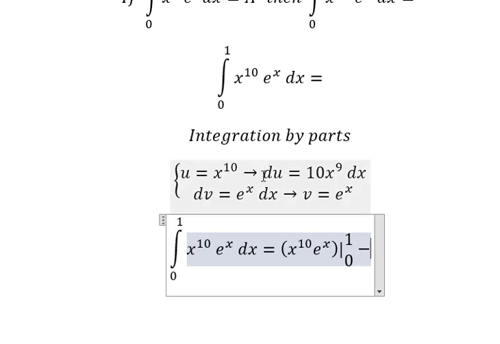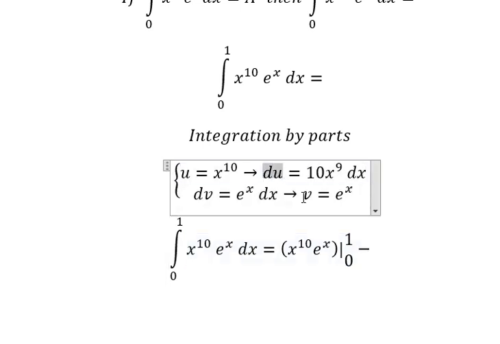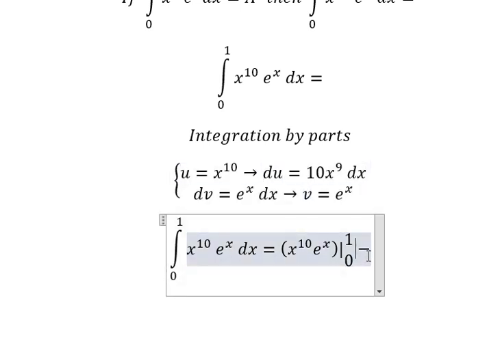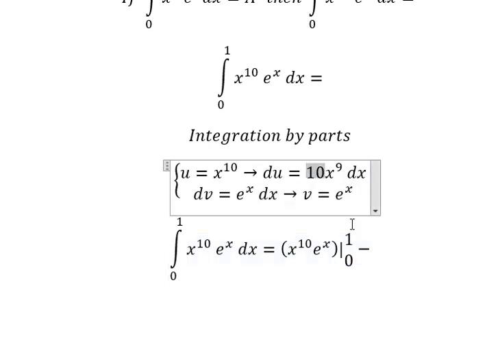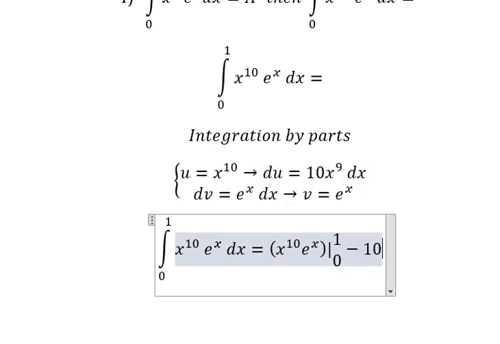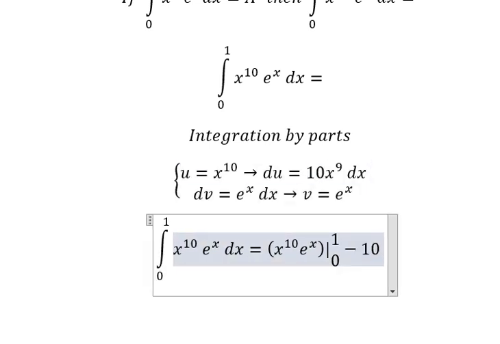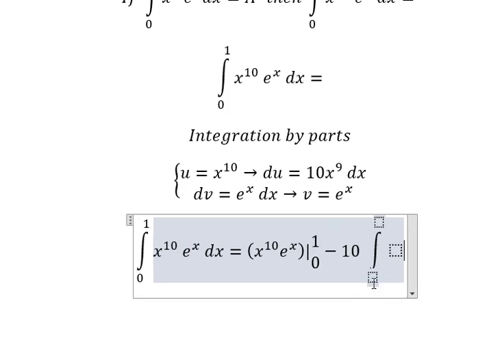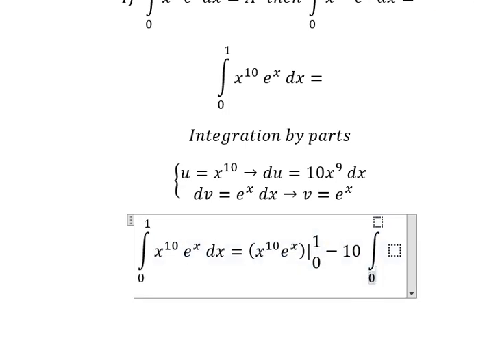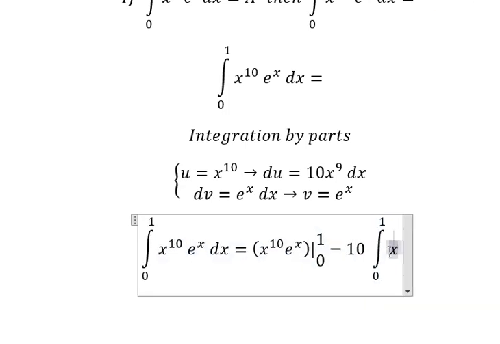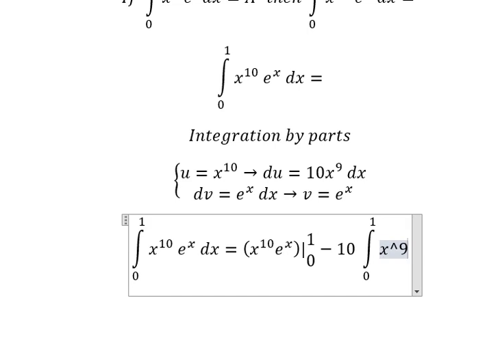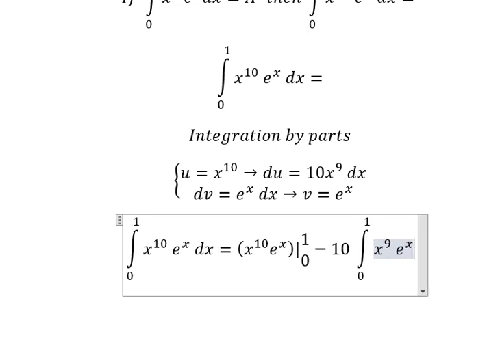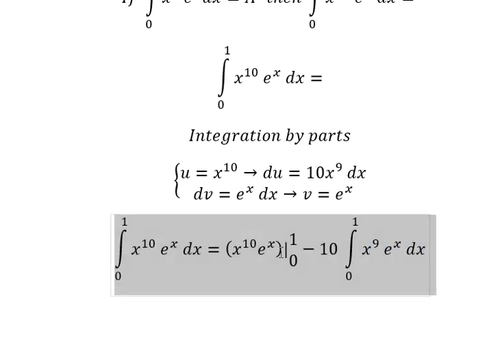Minus, we have u multiplied by v, so we put the number 10 from here to here. And now we have the integration from 0 to 1 of s to the power of 9 e to the power of s ds.